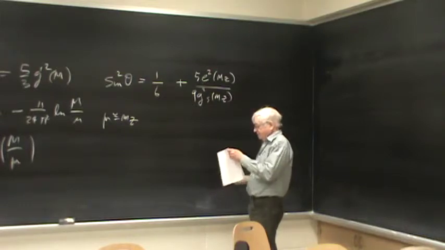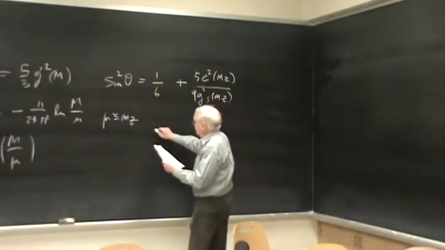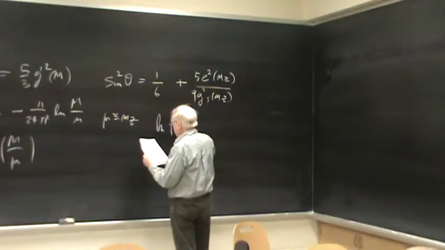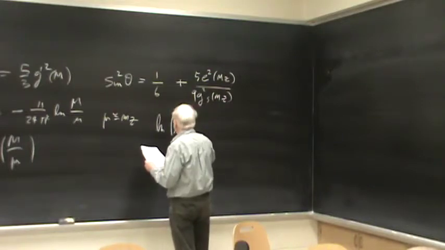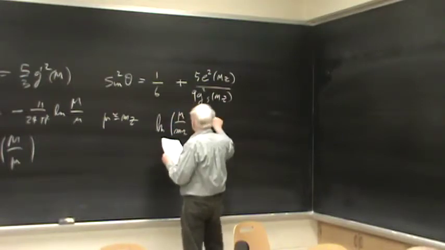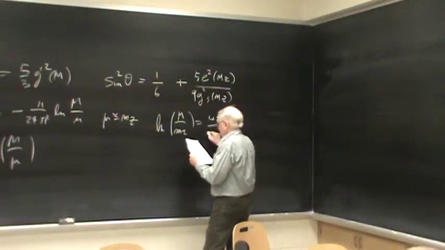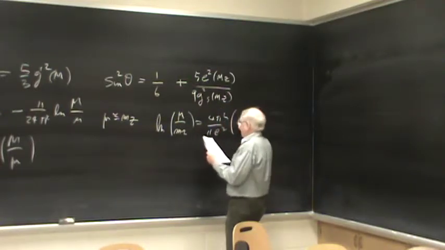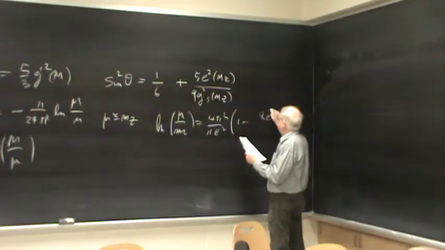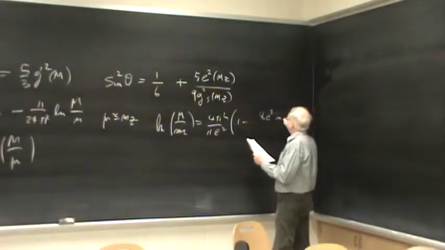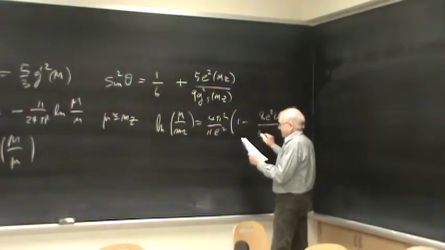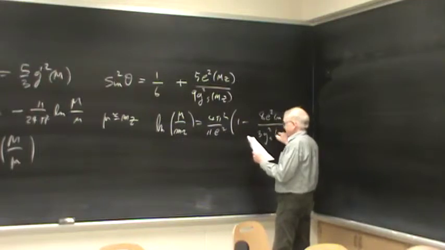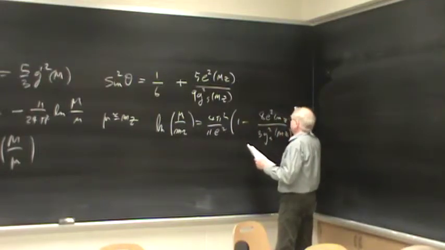And one also extracts the rule, the log of M over m_Z is 4 pi squared over 11 e squared times 1 minus 8 e squared at m_Z divided by 3 g_s squared of m_Z.